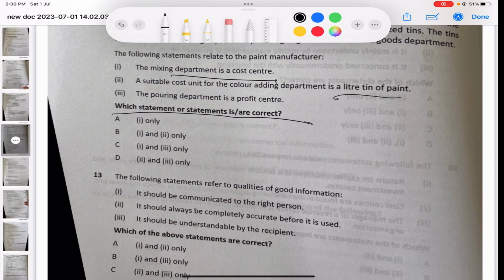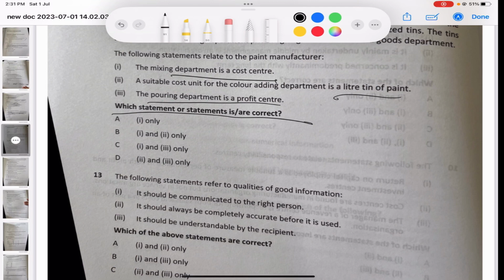Because if you rewind the video and read the question again, the 1 liter tin is a procedure that comes after the color has been added. So you can't measure that from before, right? Because that procedure is after adding color. So 2 is incorrect. And the pouring department is a profit center. Okay, so why is my pouring department not a profit center? Because it is a cost center, right? So the mixing department and the pouring department are cost centers.